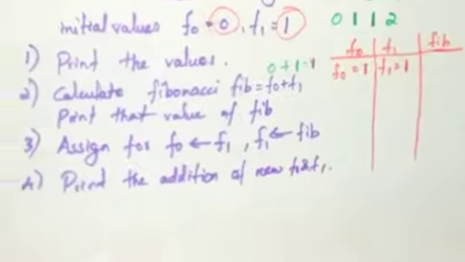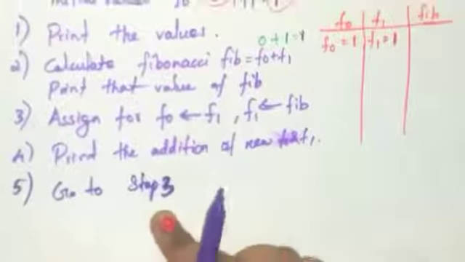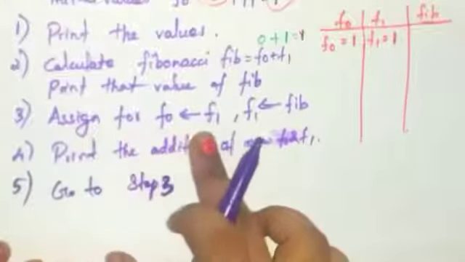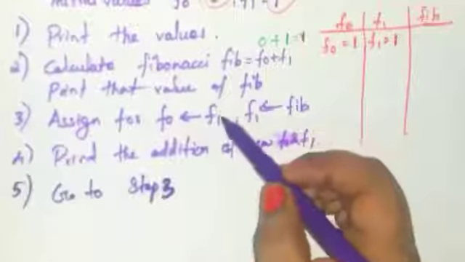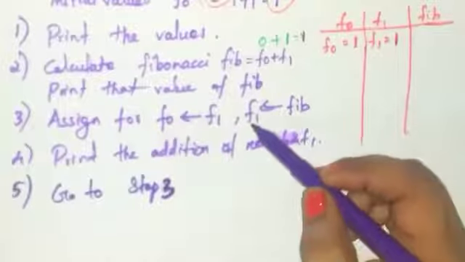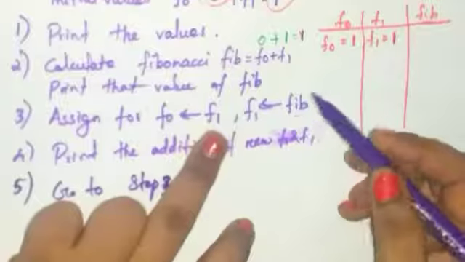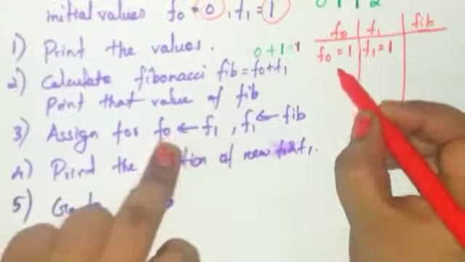Next, go to step 3. Step 3 means assign F0 is equal to F1 and F1 is equal to fib. Now you have to assign the F1 value to F0 and the fib value to F1. What is the value of F1 now? 1. So you have to assign this value to F0.